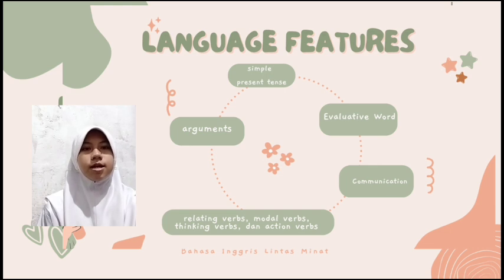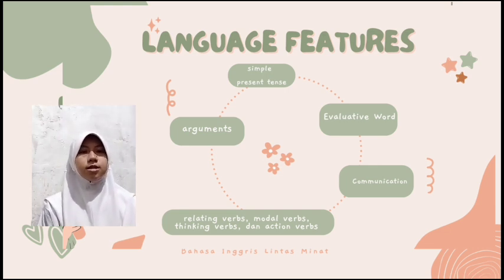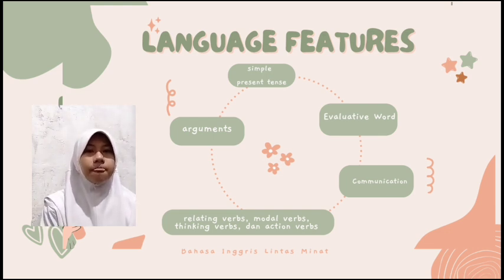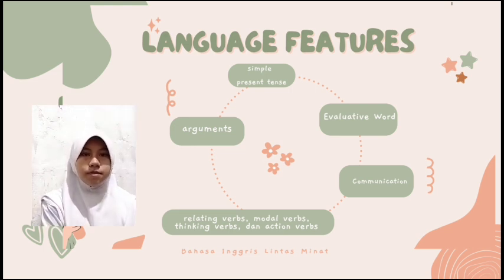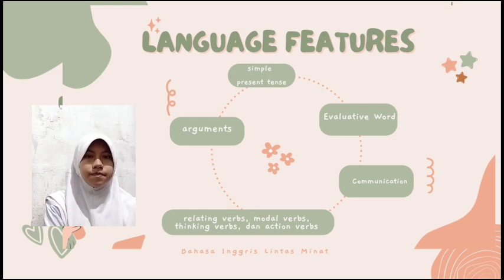Then, there is the use of conjunctions. Conjunctions are divided into 4. The first one is addition, for example, besides and in addition. Then, there is comparison, for example, in while, and on the other hand.